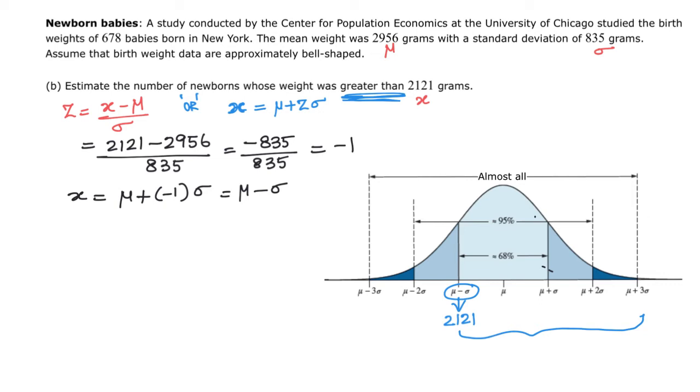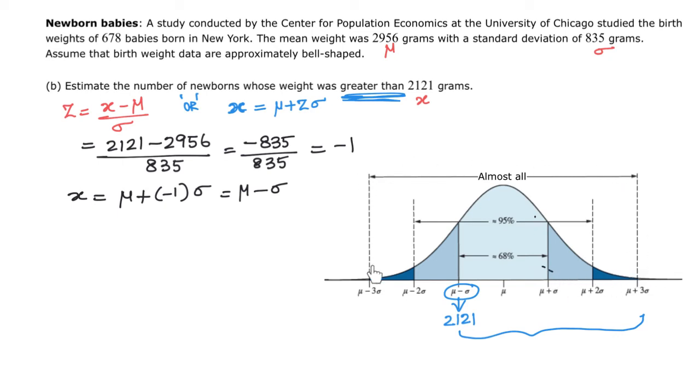First we will find out what percent is greater than this value. By the empirical rule, we know that 68% of the newborns are within mu minus sigma and mu plus sigma. So this is 68%. Now we need to find this percent.